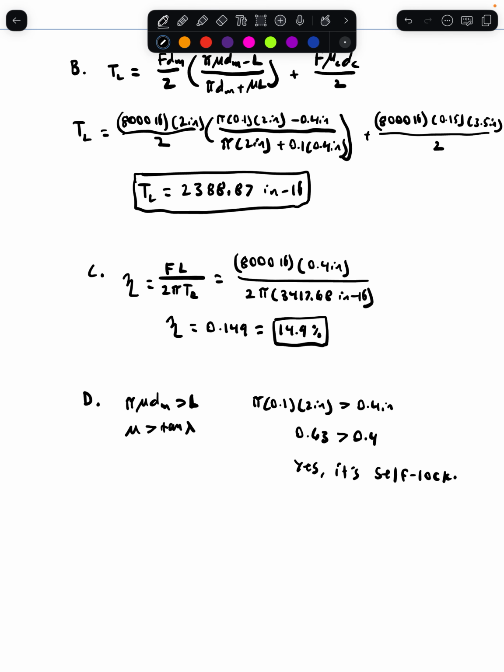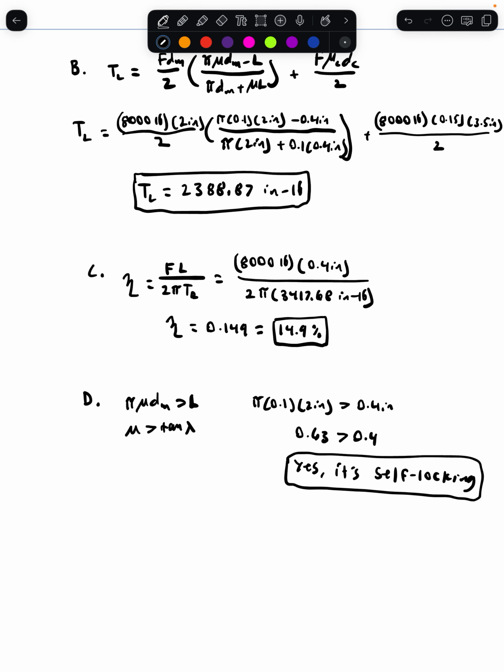And what that basically means is once you raise a load, the screw isn't going to back out on its own. You're going to have to apply a torque to lower it. But yeah, these problems aren't too bad. There's only 4 equations here.